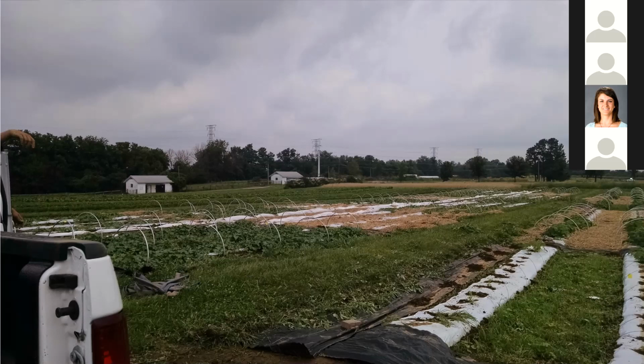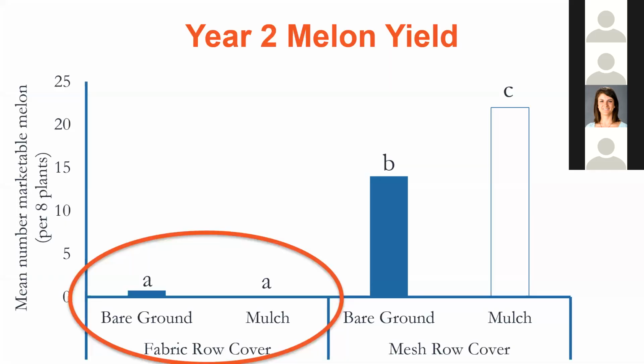And so this should surprise probably no one based on what those plots look like. But we did have a couple of marketable melons in that bare ground plot because some of those plants came back a little bit. But as far as in the mesh row covers, we sort of saw that same trend again, where we had a lot more marketable melons when we had those mulch ground covers.